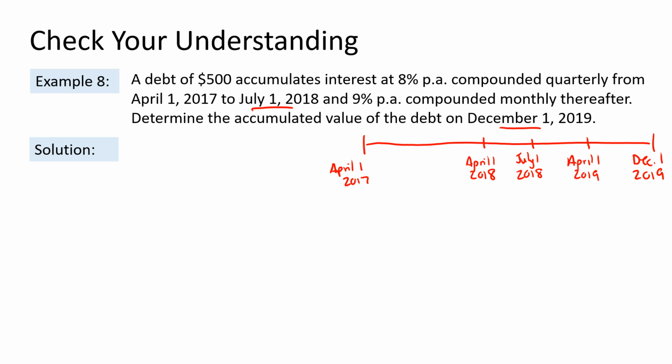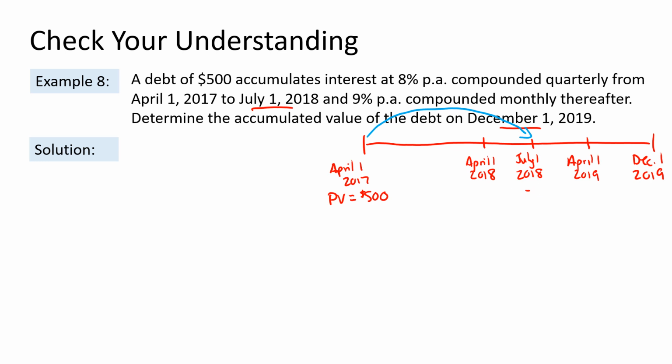Our first calculation starts with a present value today of $500, and it goes all the way until the interest rate changes, which is July 1st, 2018. So we're going to do a future value calculation here first.